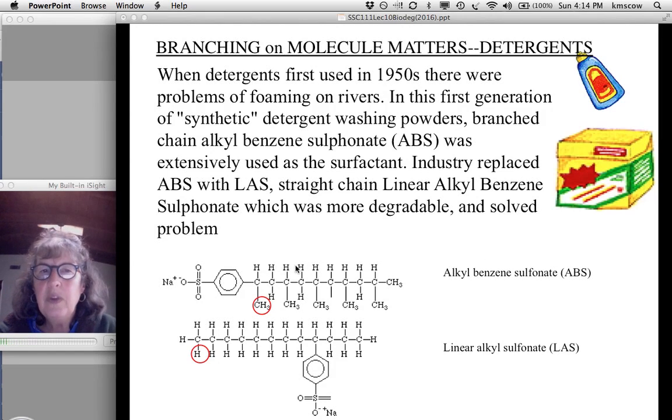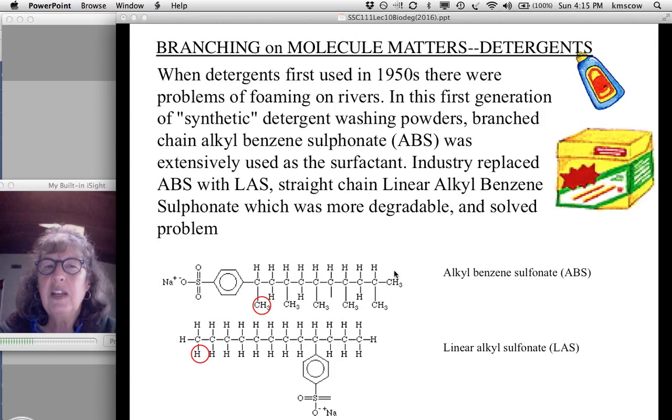Now the problem with that is the chemists who made that didn't think at all about what would happen out in the environment, because of course these detergents were going to be discharged to the sewage treatment plants and go out into the river. So what happened was that all those methyl groups that were hanging on alkyl benzene sulfonate made it impossible for microbes to gain access to these aliphatics and cut them right into smaller pieces and work to break it down. They just didn't have access to it.